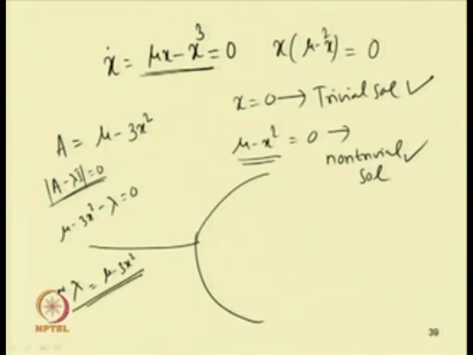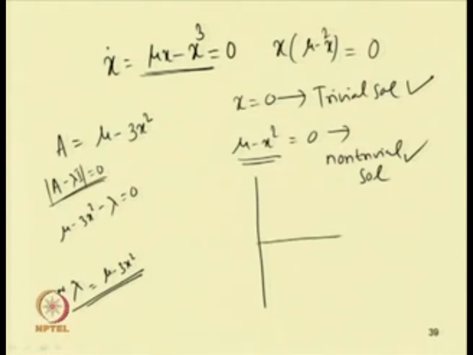So, corresponding to x equal to 0, I can plot this curve in x mu. So, let us plot this curve. This is x and this is mu.